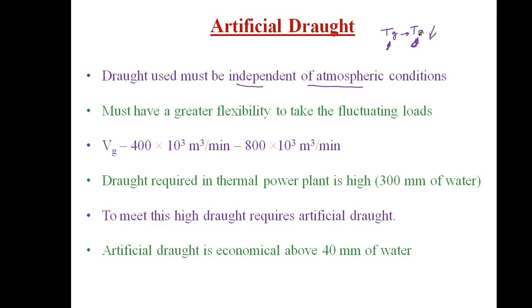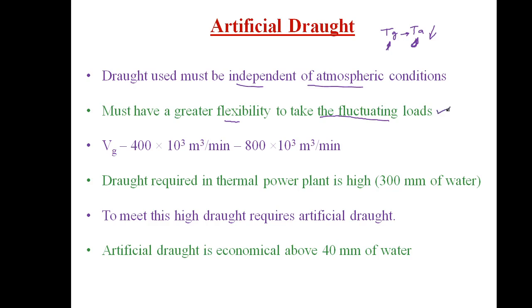Generally the draught produced should not depend on the atmospheric condition, and must have greater flexibility for fluctuating loads. Many times the load on the plant increases or decreases, and depending on the fluctuation in load, the fuel burned in the combustion chamber varies, so the flow of air or gases has to change accordingly.